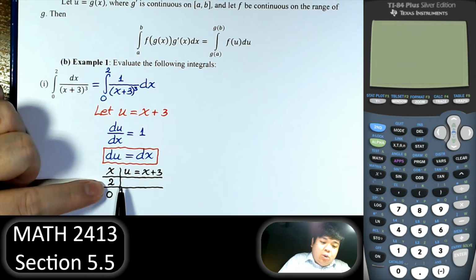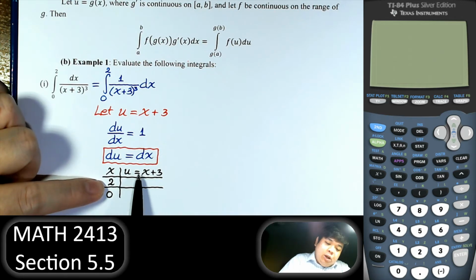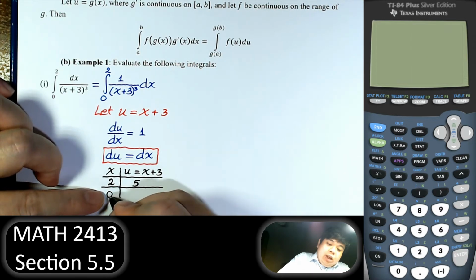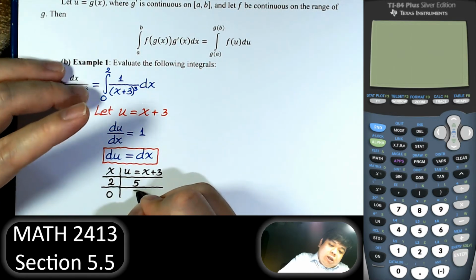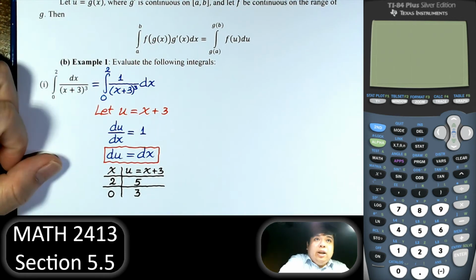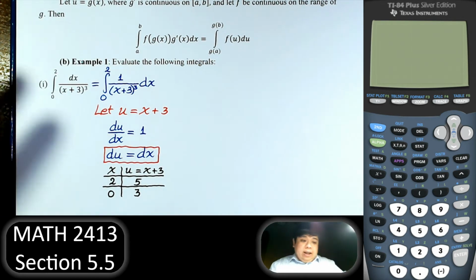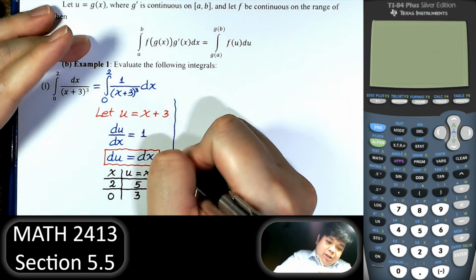When x equal to 2, u is equal to 2 plus 3, so it's 5. And when x equal to 0, u is equal to 0 plus 3, so it's 3. So 3 to 5. Right, now it's ready to substitute in the problem.